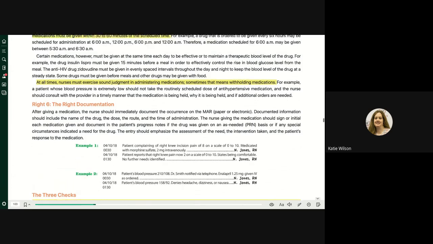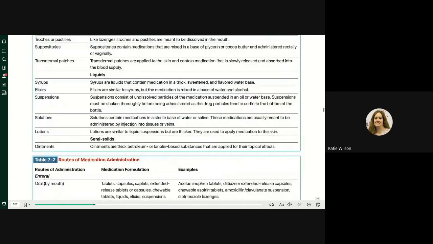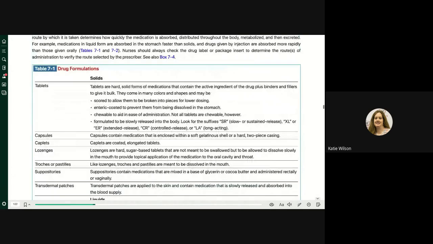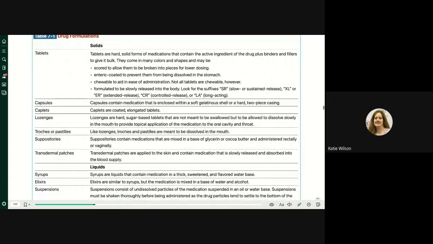Okay. So going back up to the top, different forms of medication, of drug formulations, different solids, they could become available in tablets. Everyone should know what a tablet is.